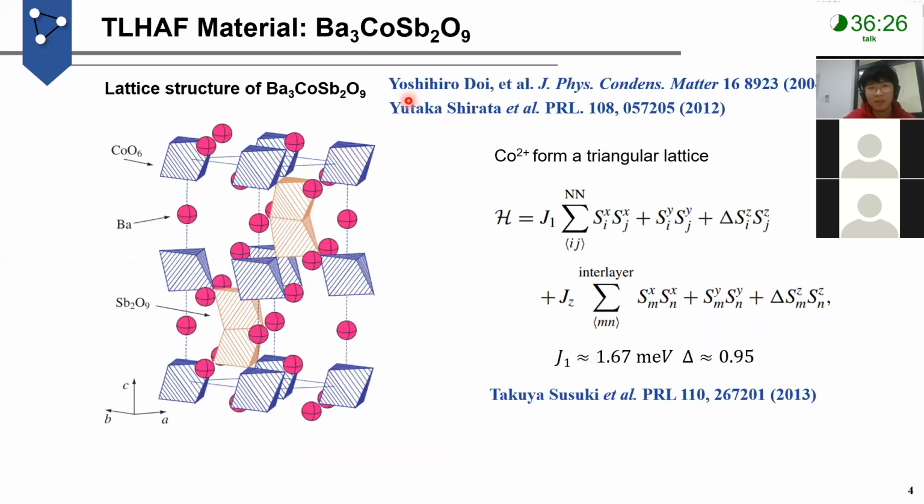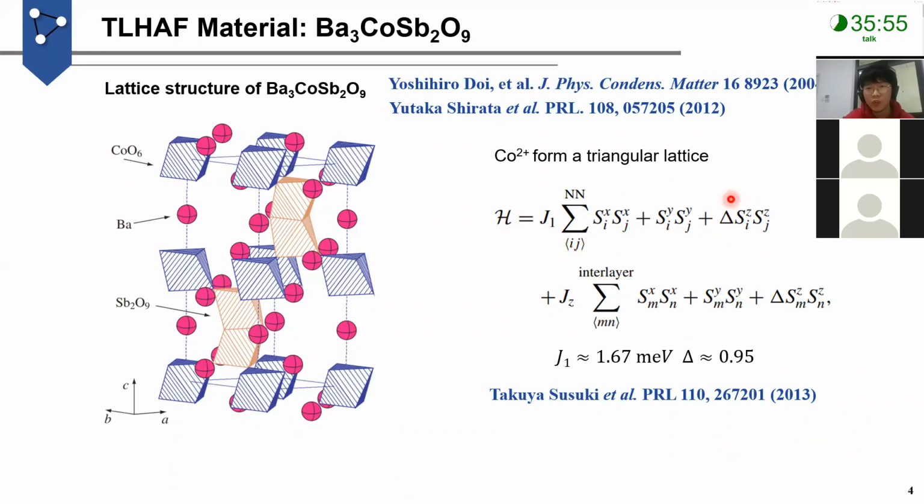Thanks to the progress in experiments, the material barium cobalt antimony oxide has supplied such a playground for us to study the properties of a triangular antiferromagnet. The lattice structure of this material is shown on the left-hand side, and the cobalt ions form a two-dimensional triangular lattice with antiferromagnetic Heisenberg interactions.